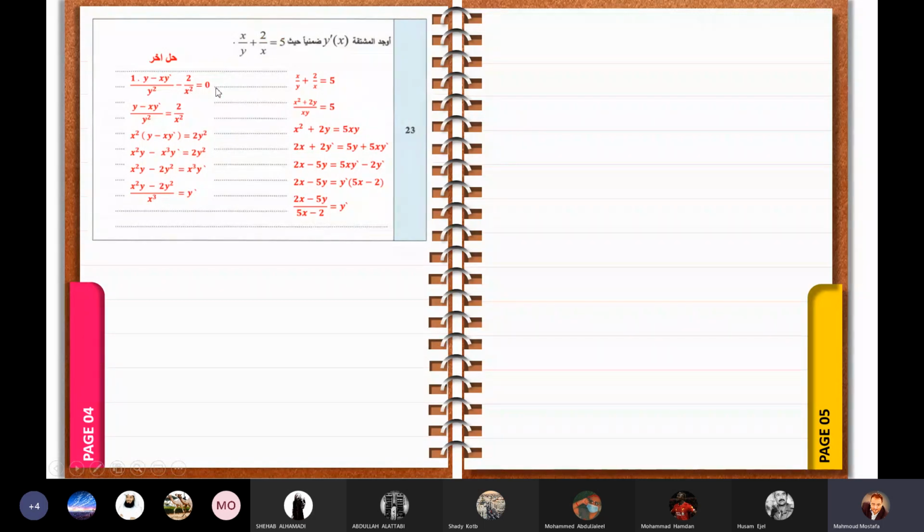The derivative of 5 is 0, right? Then shift 2 over x squared to the other side and cross multiply. All of this is just to find y prime. Collect y prime together, shift all to the other side and divide by x cube here. Okay.